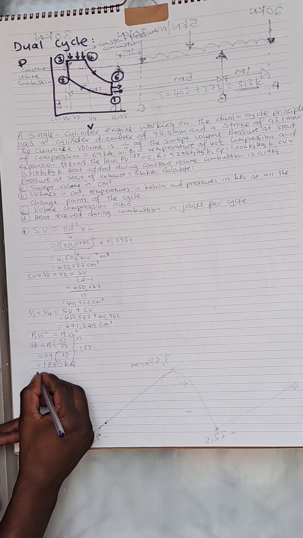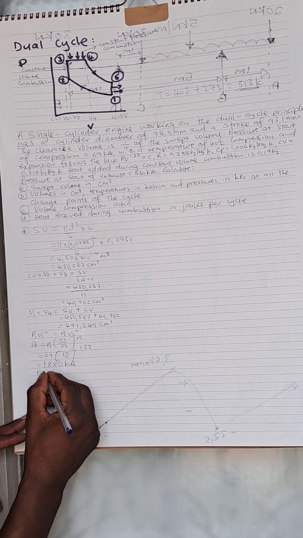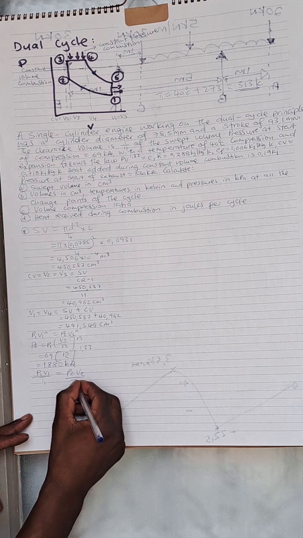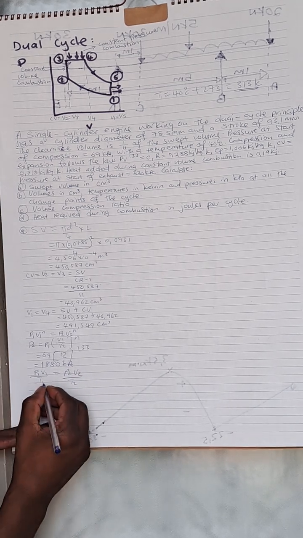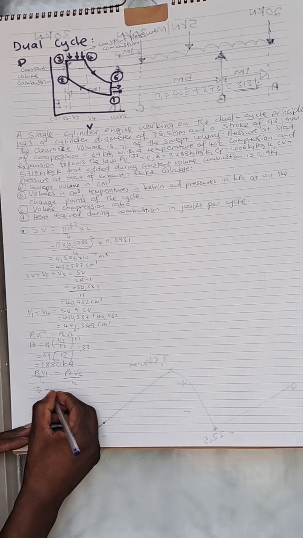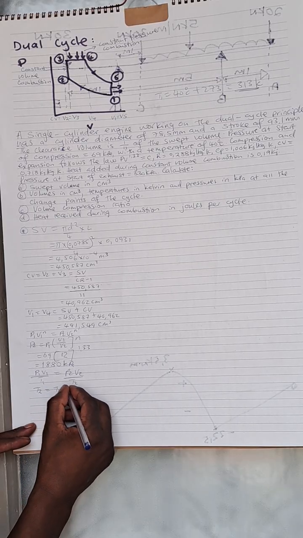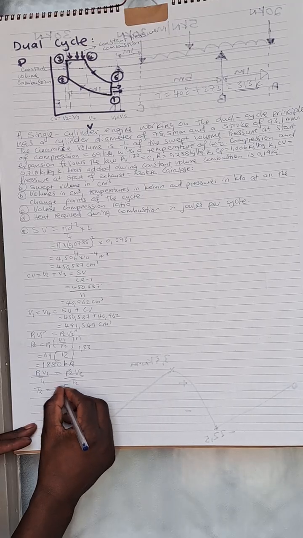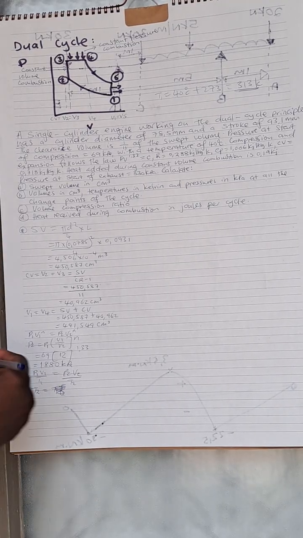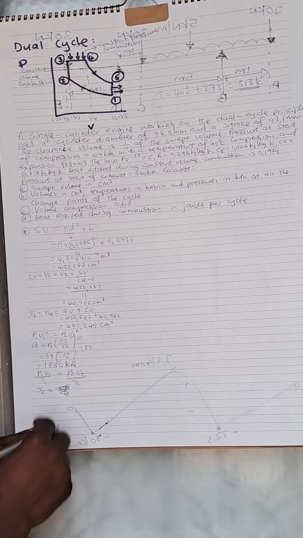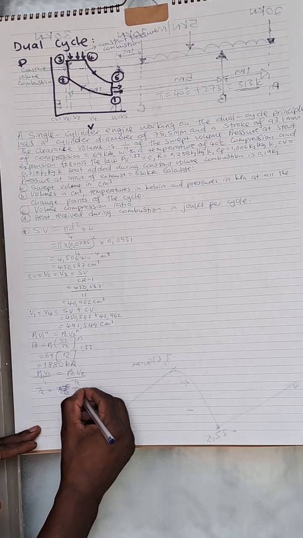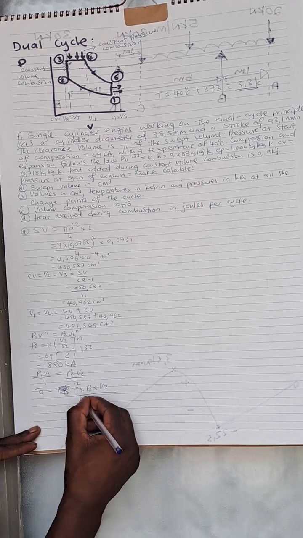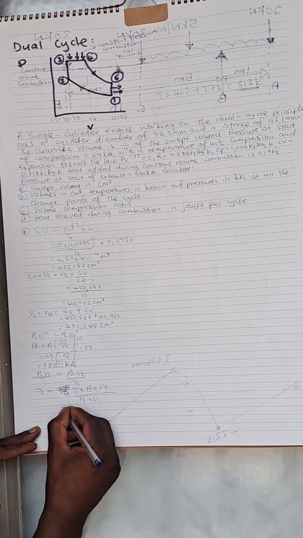We can use our formula P1 V1 over T1 equals P2 V2 over T2. Therefore, we are looking for T2, so T2 equals T1 times P2 times V2 over P1 times V1.